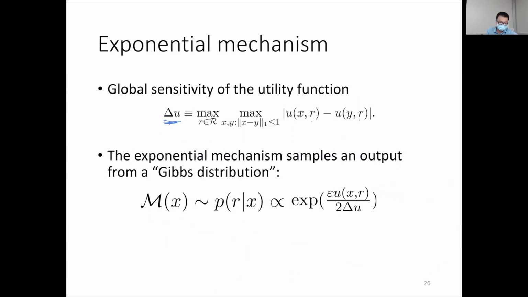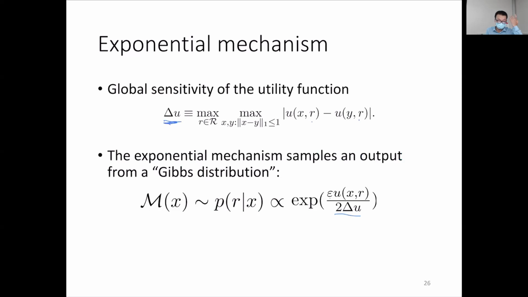So what does a Gibbs distribution mean? You just exponentiate your utility function with epsilon multiplied and divide by 2 times the sensitivity. And what this does is that it makes those more desirable outputs exponentially more likely, and it makes those items that are not so desirable exponentially less likely to be selected.